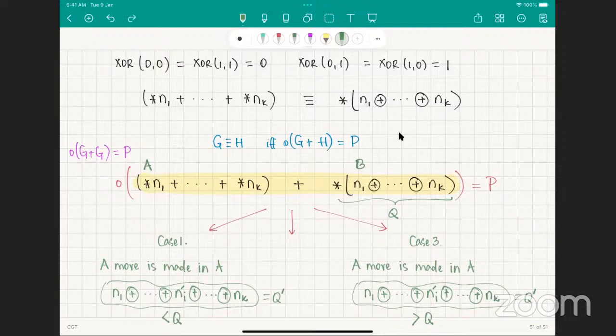But it turns out that if your N1 up to Ni prime and so on up to Nk has a XOR value that is larger than Q, then you can modify one of the heaps again to bring this value back to Q. So you can go from Q prime back to Q in the game A itself. So you stick to the same lane as the first player and try to revert this back to Q. And the logic is very similar to what we used last time.